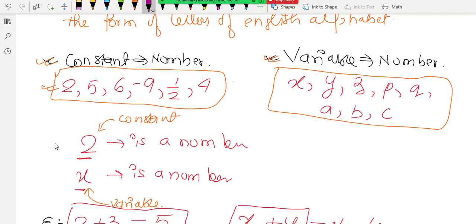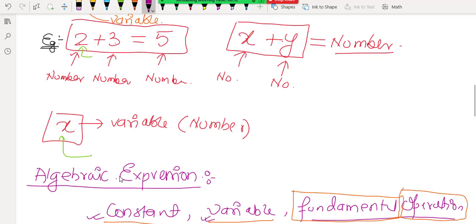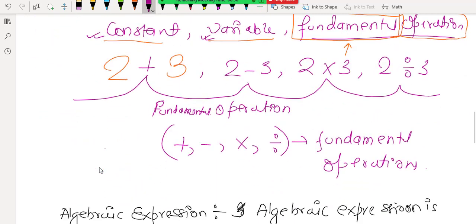Then what is the difference between a constant and a variable? How can we differentiate that this thing is a constant and that thing is a variable? We write a constant as a number, and a variable is written in English alphabet. Very good. A constant is represented in the form of a numeric symbol and a variable is represented in the form of letters of the English alphabet. Then what is an algebraic expression?